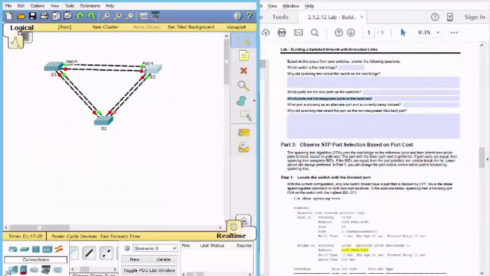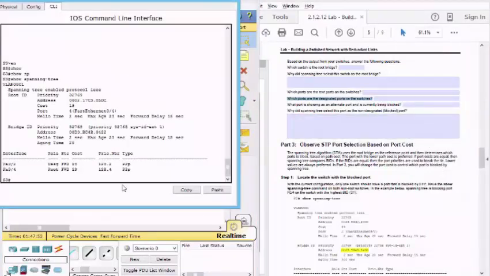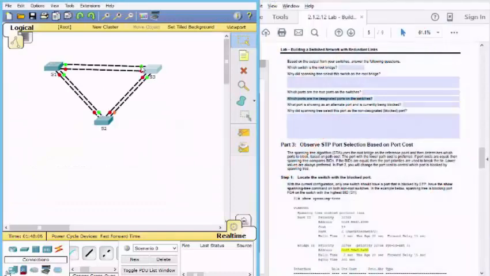This is the root port because it is closest to the root bridge, and the designated port is Fast Ethernet 02. This is the designated port.